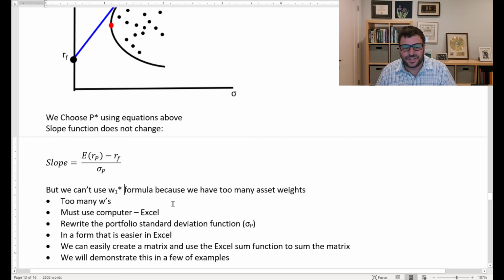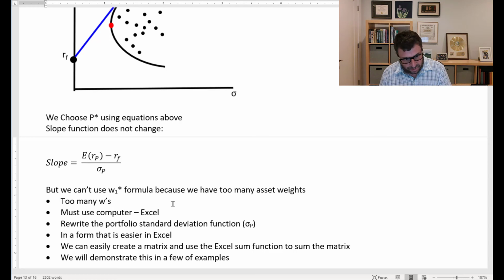The trouble is that we can't just substitute the way we did before. We substituted for W2 and we had our objective function, which was our slope function, in terms of a single choice variable, W1, and it was relatively easy to do the calculus. But now we would have to do this in a much more complicated way.